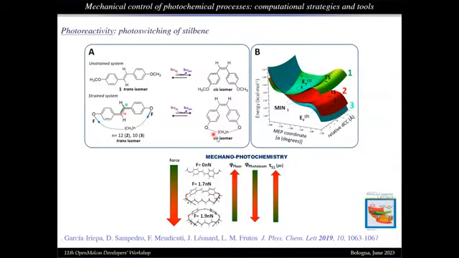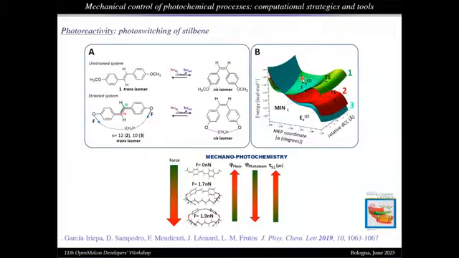So using different lengths, we can modulate the applied force. In the case of no force, which is the surface in green, we have a given S1 state, so this is the excited state.